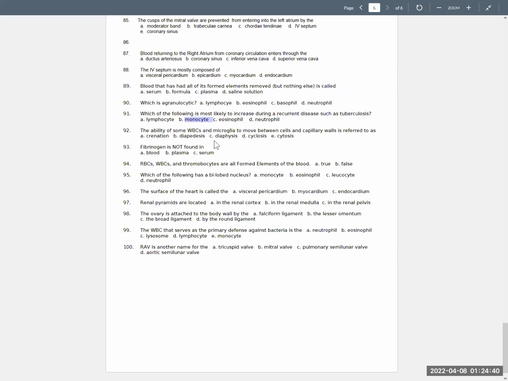The ability of some white blood cells and microglia, that's in the nervous system, you don't have to know that, but white blood cells and microglia, their ability to move between cells and capillary walls is referred to as what?